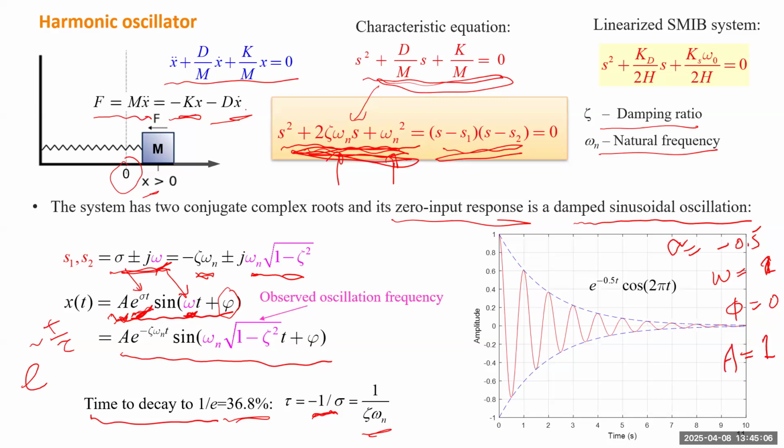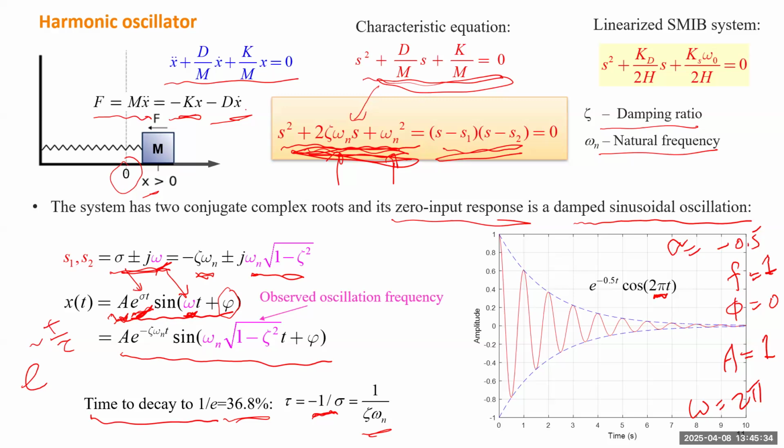You will see this waveform. Sorry, omega here is not 1. Actually, the frequency is 1, so omega will be 2 pi, because this is omega.